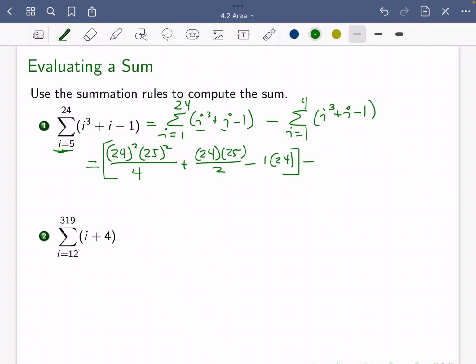Now for that second summation, we will have stuff that's pretty similar, except for anywhere that we use that upper limit, we have the upper limit 4 now. So we will have 4 squared times 5 squared over 4 plus 4 times 5 over 2 minus 1 times 4.